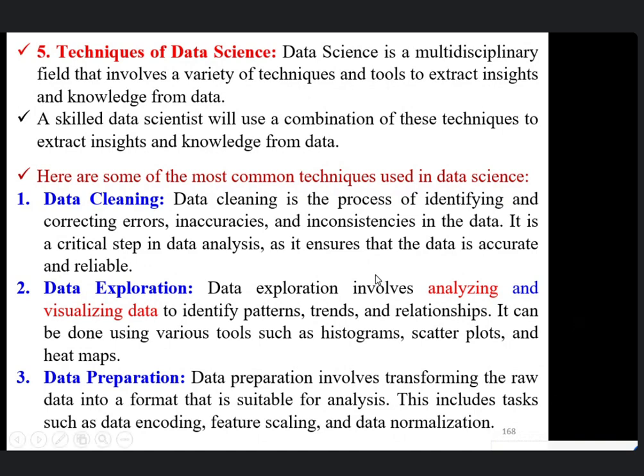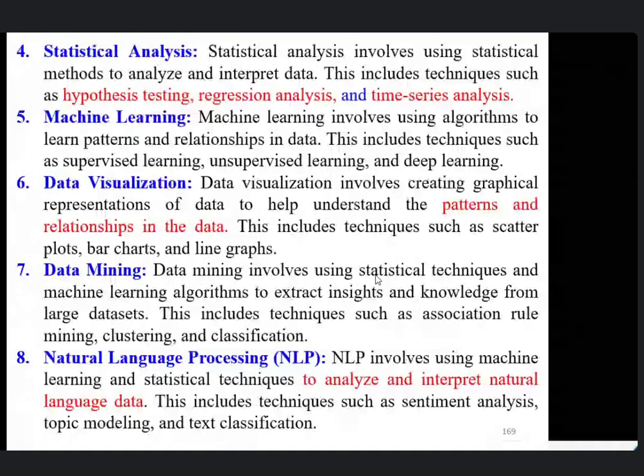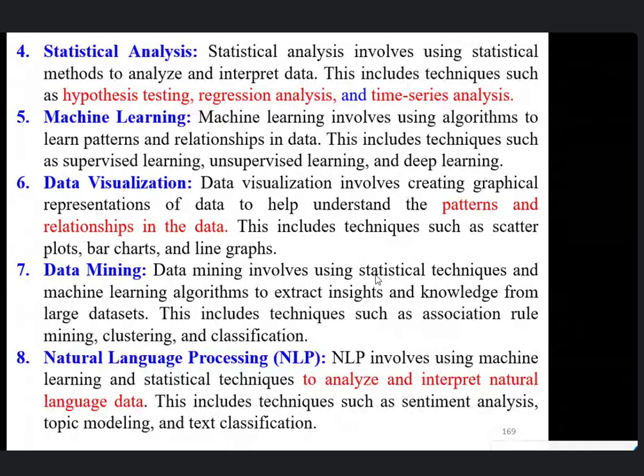Then we are going to the fourth one, statistical analysis. Statistical analysis is one more common technique of data science. It involves using statistical methods to analyze and interpret the data. This includes techniques like hypothesis testing, regression analysis like linear regression, nonlinear regression, logistic regression, and time series analysis.